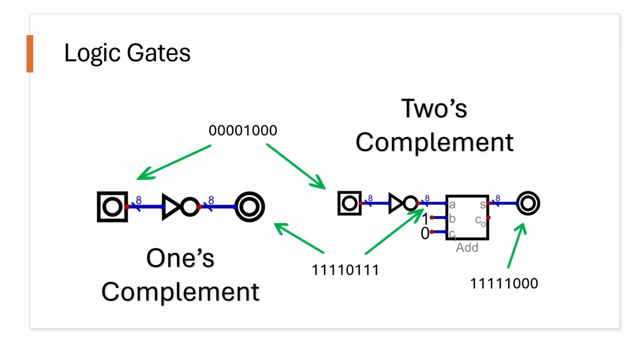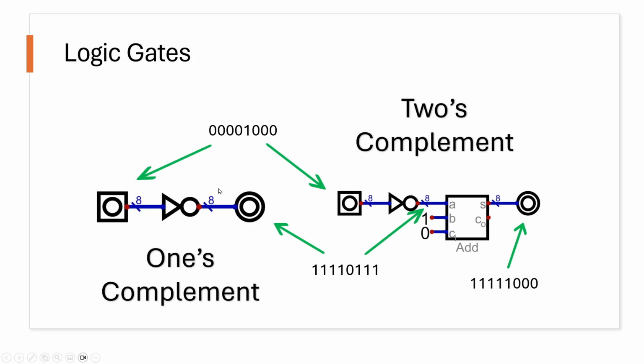Logic gates for the 1's complement and the 2's complement are fairly simple. The 1's complement is very simple. You just take the number on the left hand, the input here, and run it through the NOT operator. This is an 8-bit NOT operator, an 8-bit input and 8-bit output.